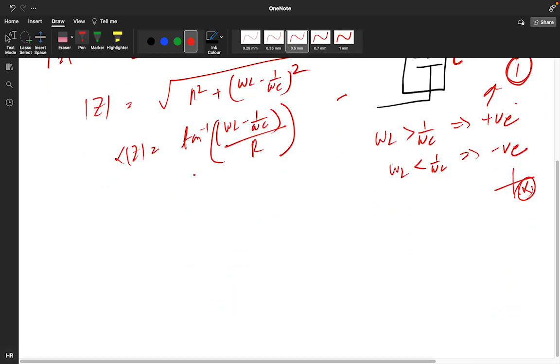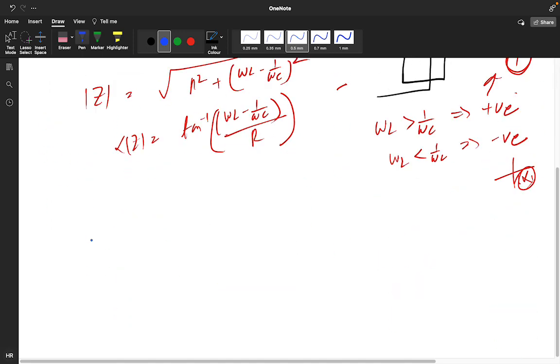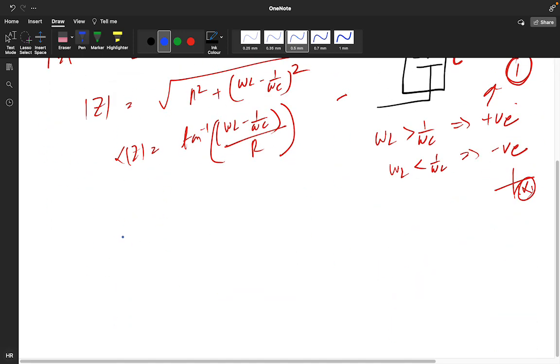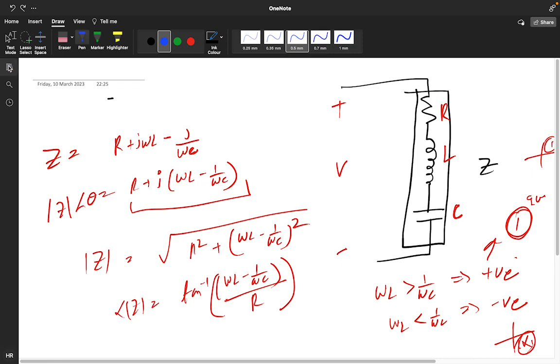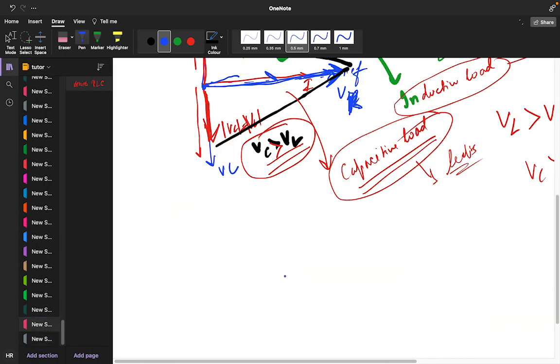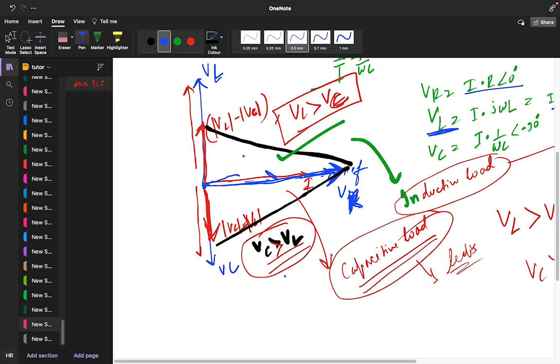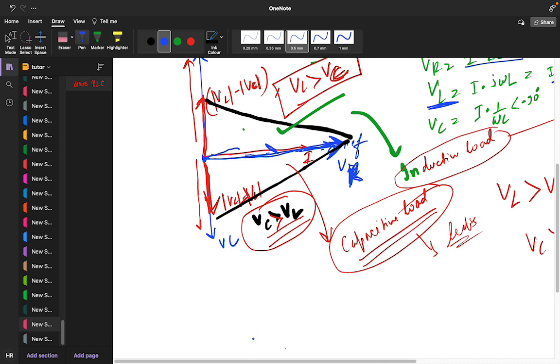So we have a diagram like this, the VR diagram. This is your VR.